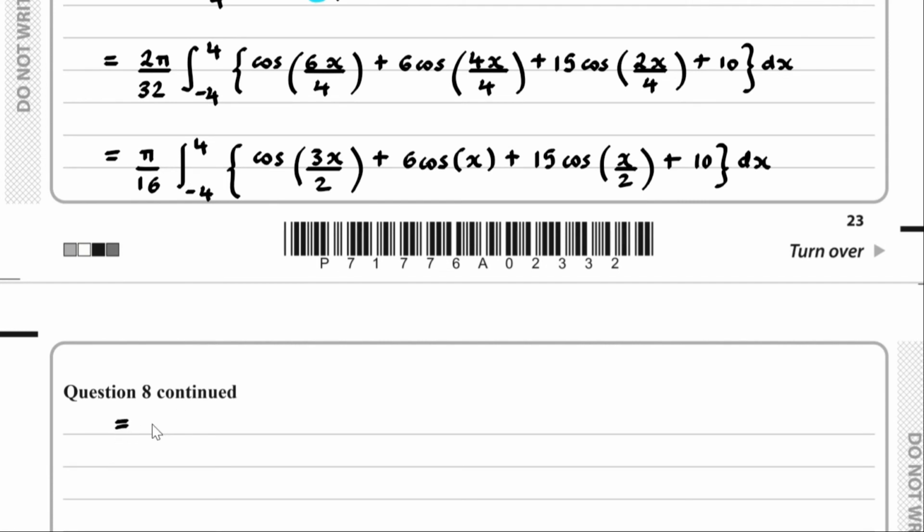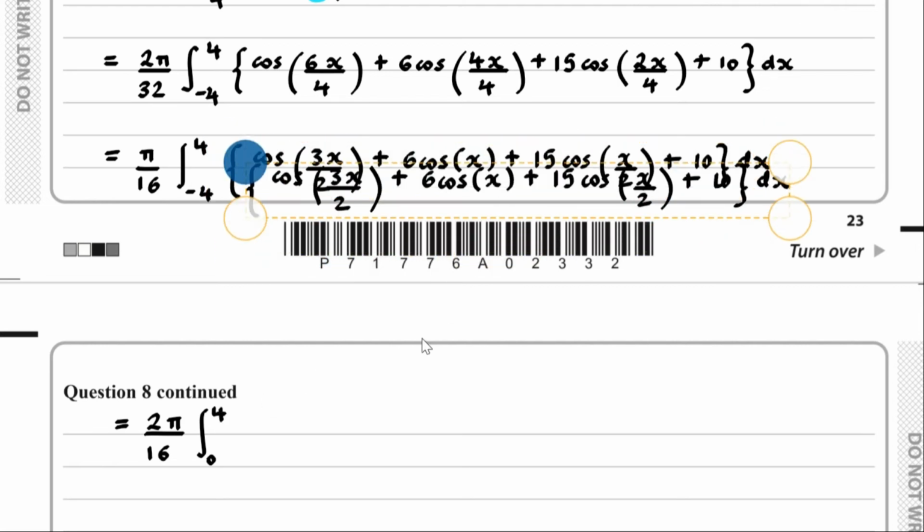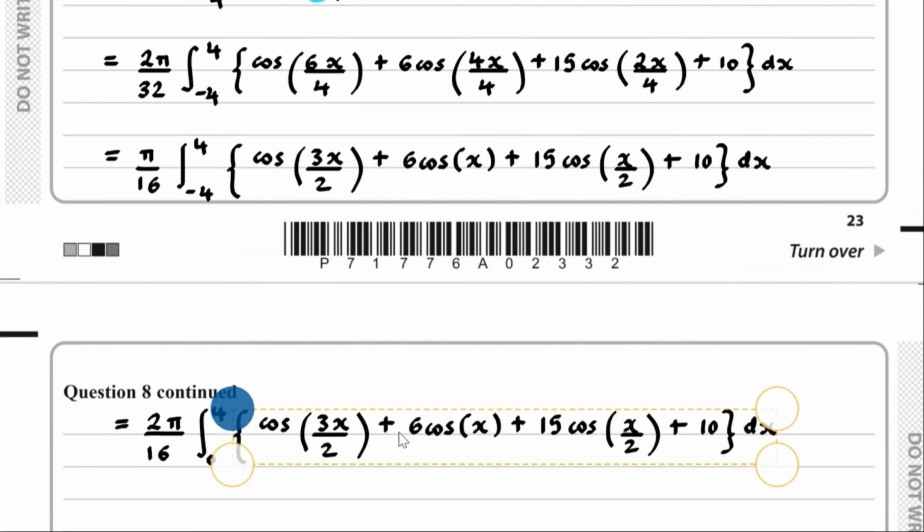And what this is the same as is 2 pi over 16 times the integral from 0 to 4 of this over here. So rewriting the limits from 0 to 4 means I have to multiply the integral by 2.